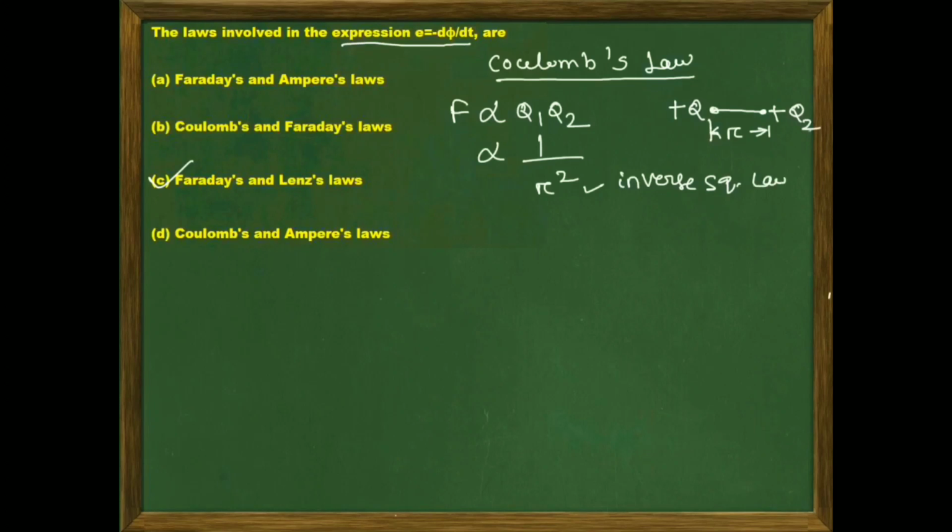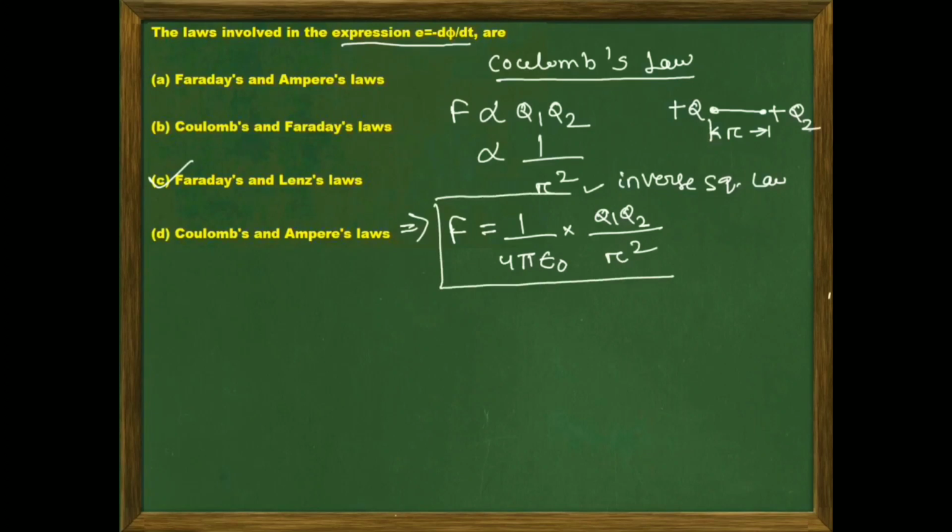Now by combining these two using a proportionality constant, 1 by 4 pi epsilon, F equals Q1 Q2 by r square. So this is the total expression for Coulomb's law, that is the Coulomb's force or electrostatic force.